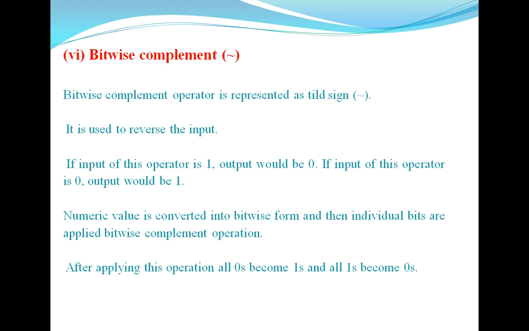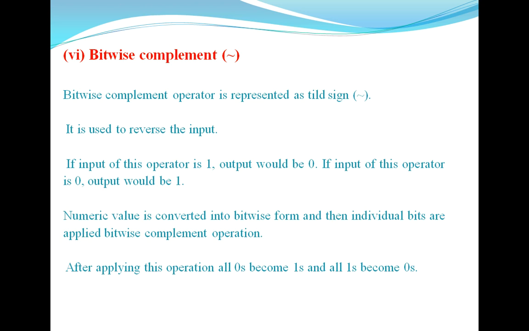Now the last operator of the binary is bitwise complement. This operator is represented with the help of the tilde sign. It comes in the category of unary operators because only one operand is required. It flips the output. That means if your input is 1, output will be 0, and if your input is 0, output will be 1. Let's explain this with the help of an inverter.